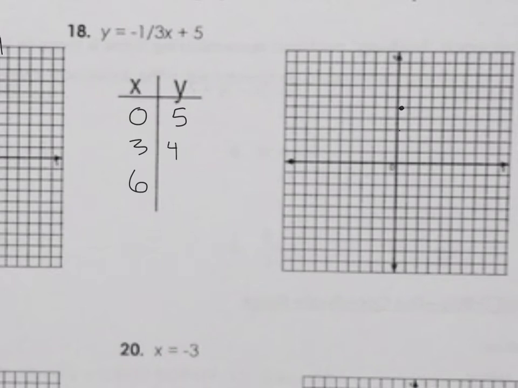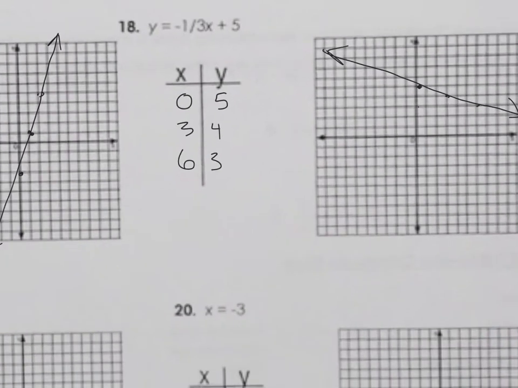So over 3, up 4, about right there. And 6. 1/3 of 6 is 2. We have a negative there, so it's negative 2 plus 5, which is 3. So over 6, up 3, puts us right there. And now our line should look something like that.